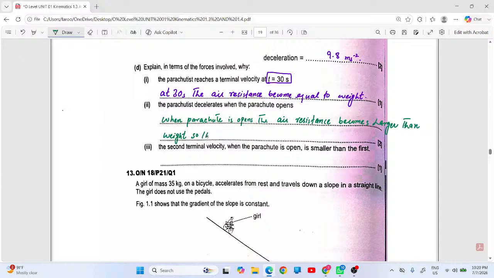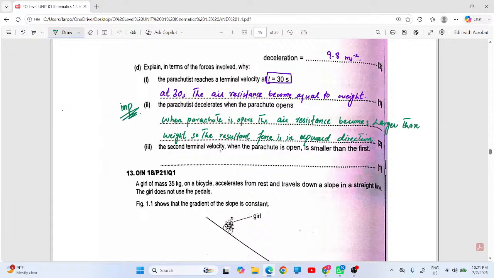So the resultant force is in the upward direction.